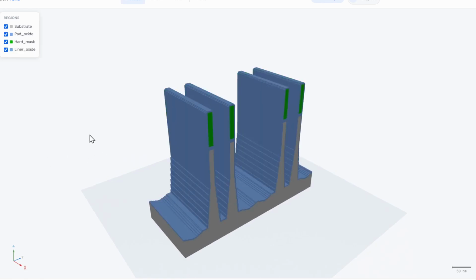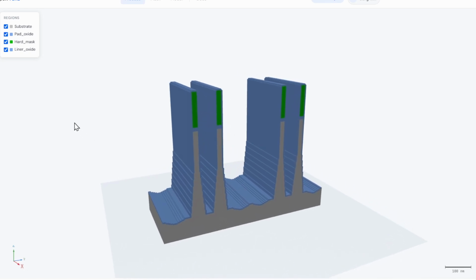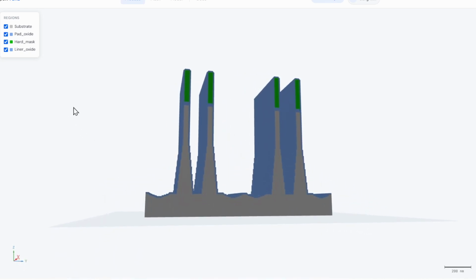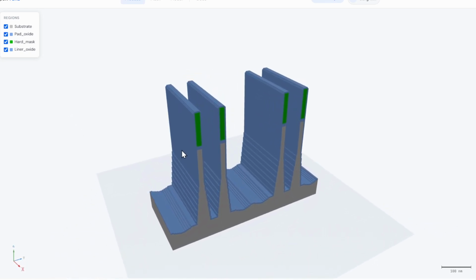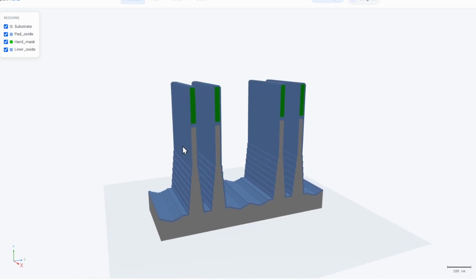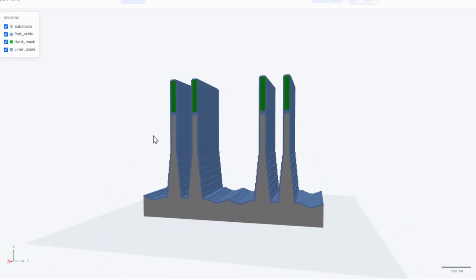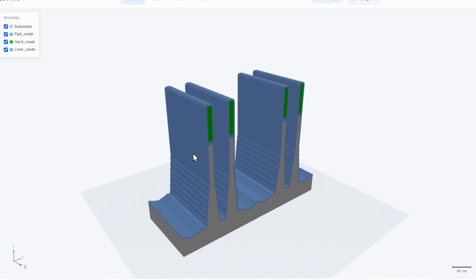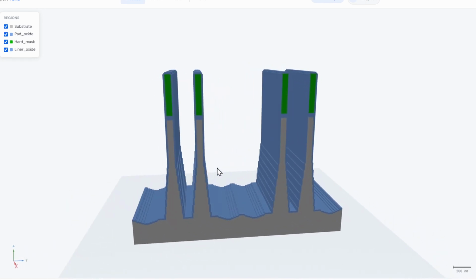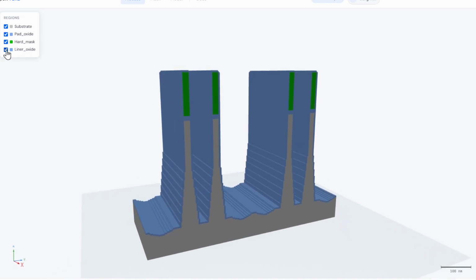Now we introduce the liner oxide, which is relatively thin, about 2 nanometers, just to protect our silicon fins here. Yes, they are covered in an isotropic way. This corresponds to the liner oxide.